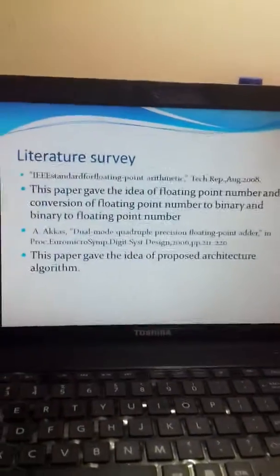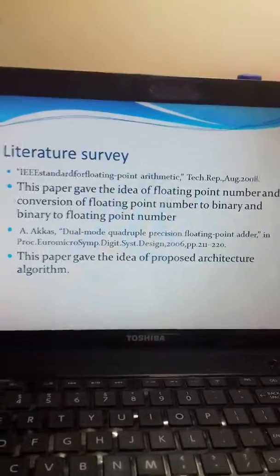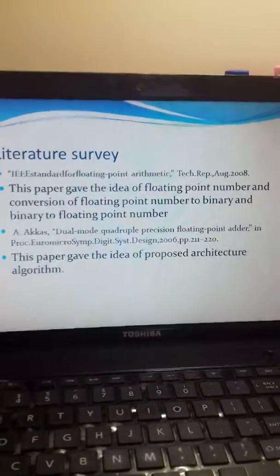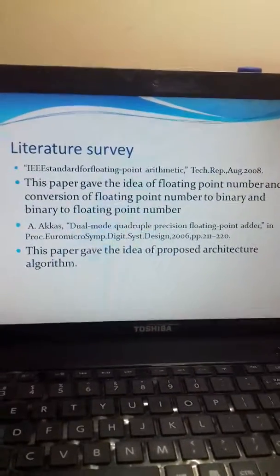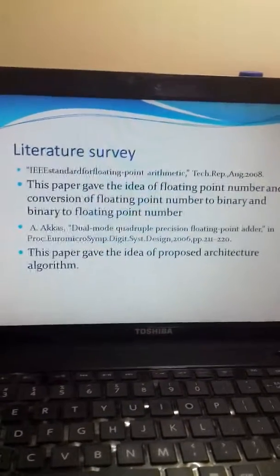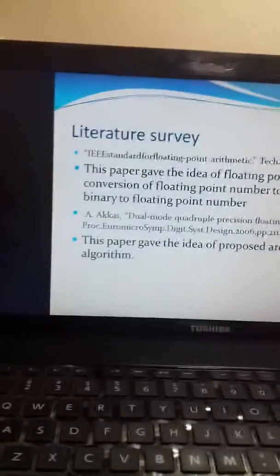Literature survey. From the first paper, I got the idea of floating point numbers and conversion of floating point number to binary and binary to floating point number. And from the second paper, it gave the idea of the proposed architecture algorithm, how it is going to work.